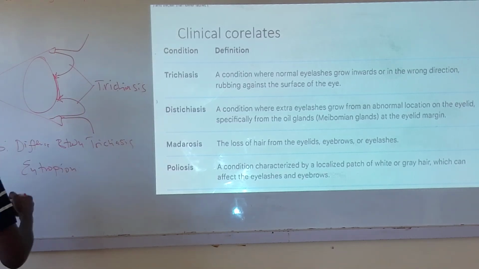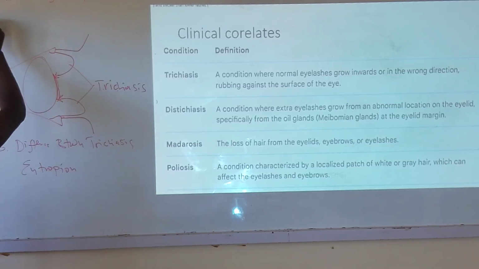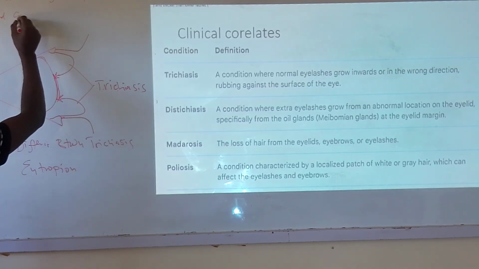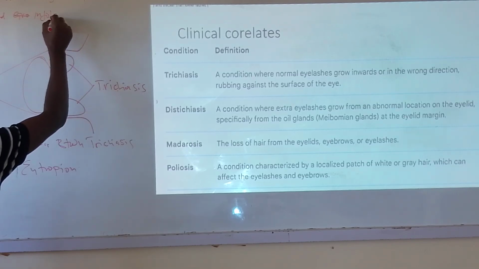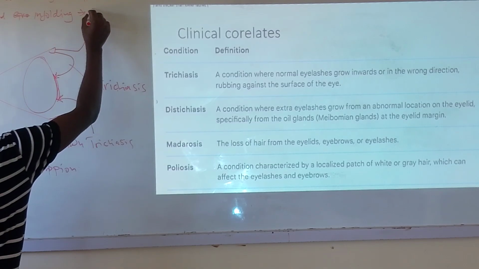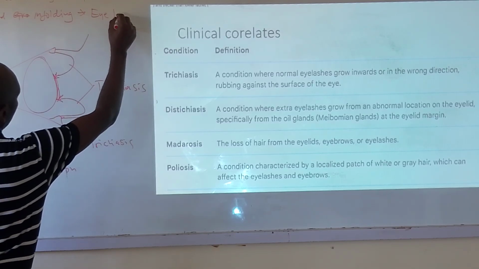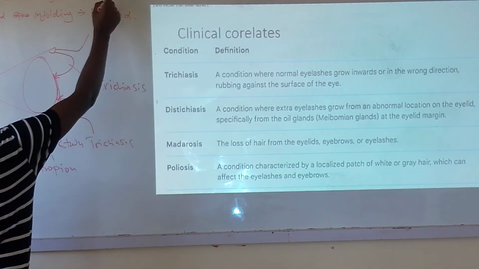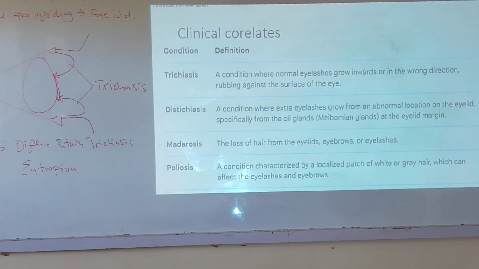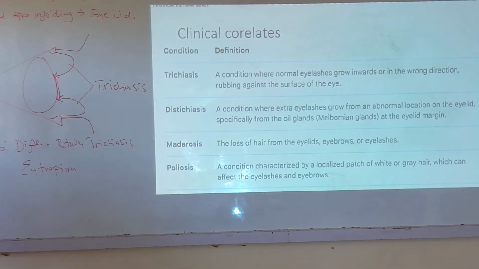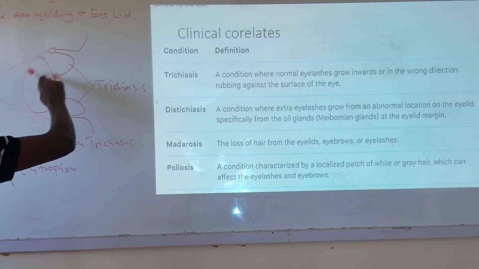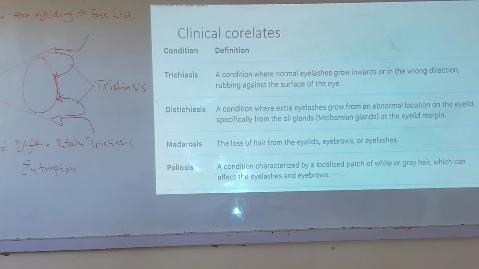While entropion is the inward growing or infolding of the eyelid. The difference: eyelash is the hair, eyelid is the tissue. So when the eyelid grows inward, that is entropion. But when the eyelash grows inward, that is trichiasis. So it's important to mark those differences.